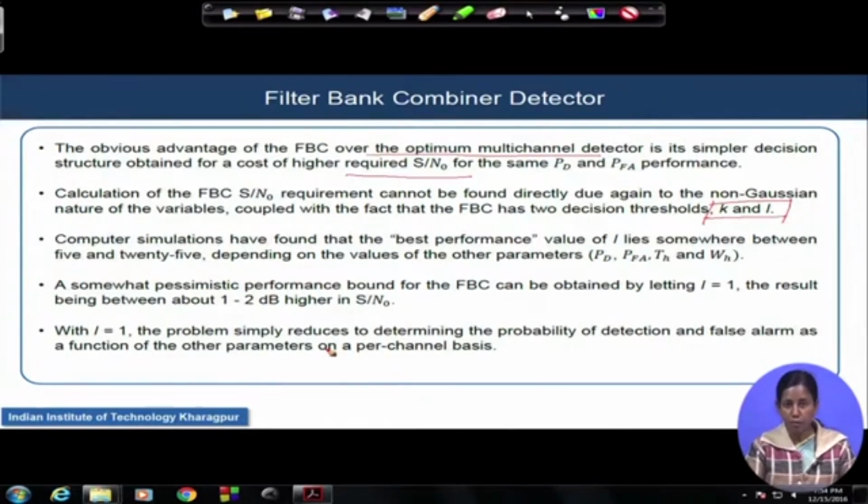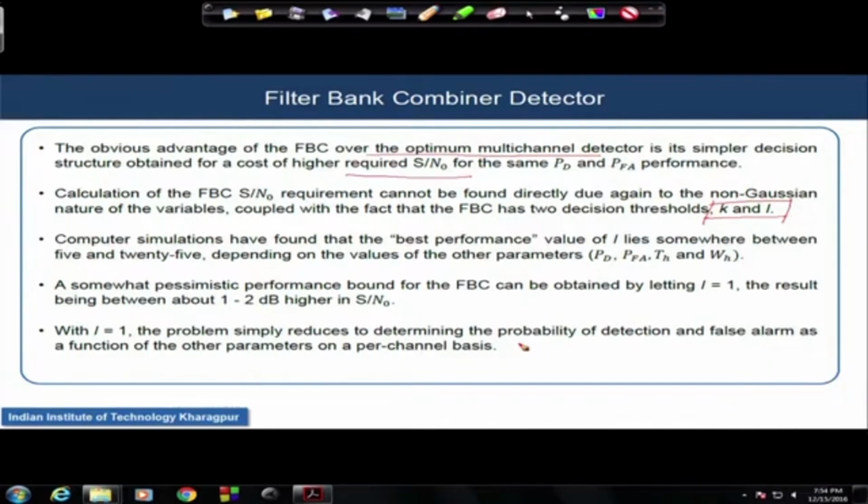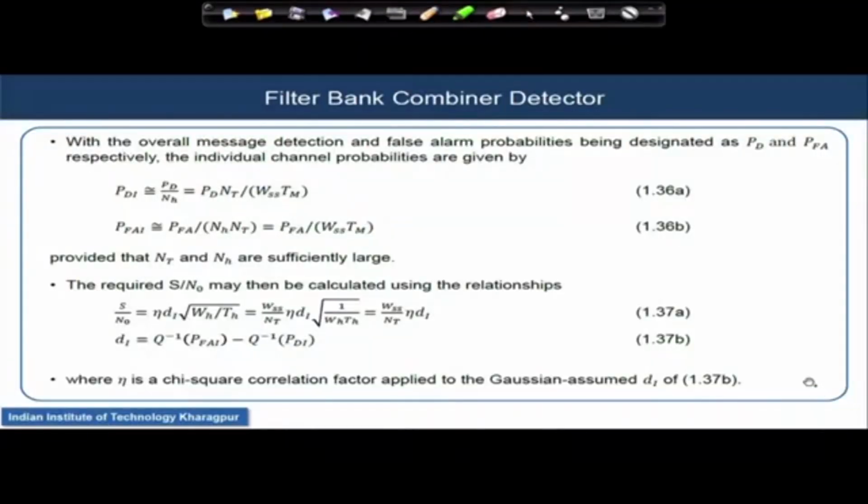But for the theoretical analysis, once again, if I allow that the threshold value is equal to 1, the problem simply reduces to determining the probability of detection for each of those branches independently, on a per channel basis. So, we have 2 parameters here.